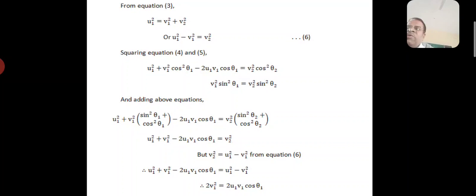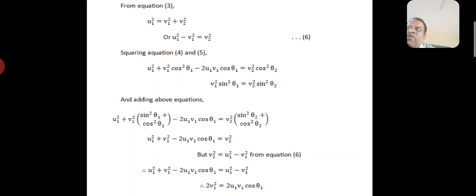Adding the above two equations, we get u1 square plus v1 square minus 2 u1 v1 cos theta 1 equals v2 square. But according to equation 6, v2 square equals u1 square minus v1 square.